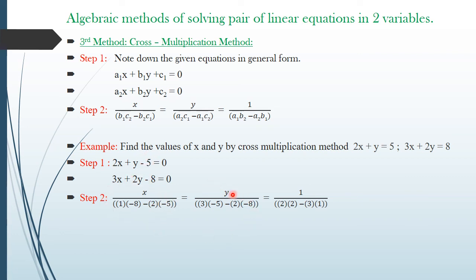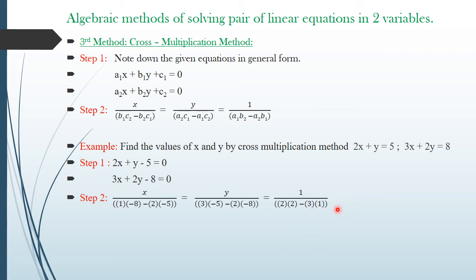The second part is y divided by a2 c1, that is a2 is 3, c1 is minus 5, so 3 into minus 5, and this minus as it is, a1 into c2. a1 is 2, c2 is minus 8, that is 2 into minus 8. In the third term, 1 as it is divided by a1 b2. a1 is 2 and b2 is also 2, that is 2 into 2. This minus as it is. Then we have a2 into b1. a2 is 3 and b1 is 1, so I have 3 into 1.